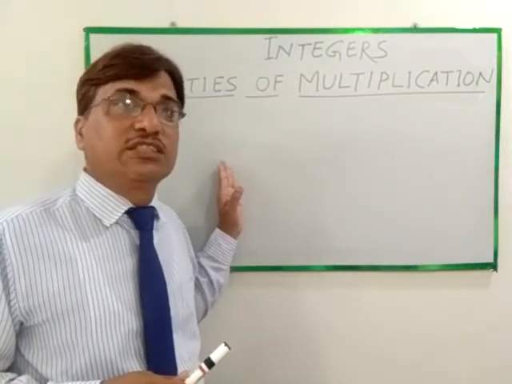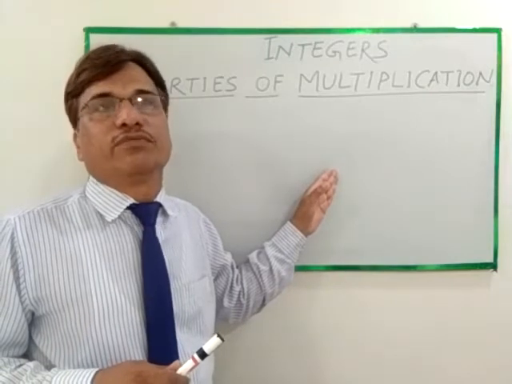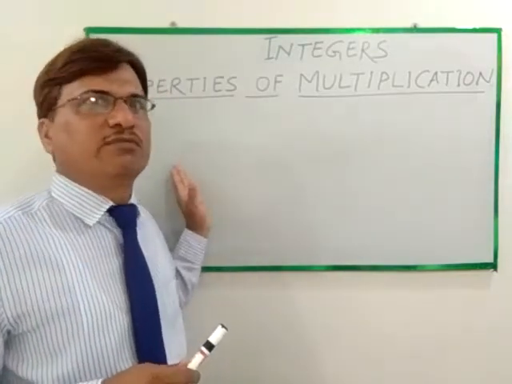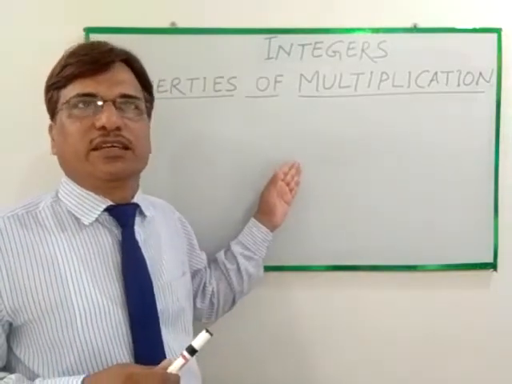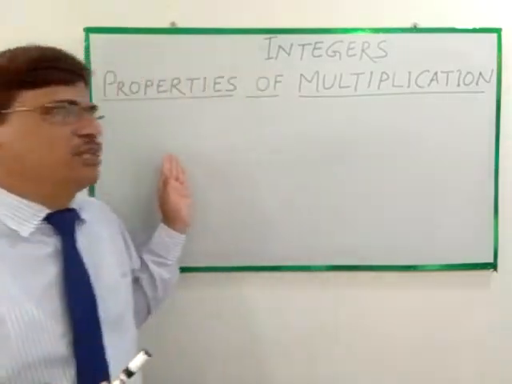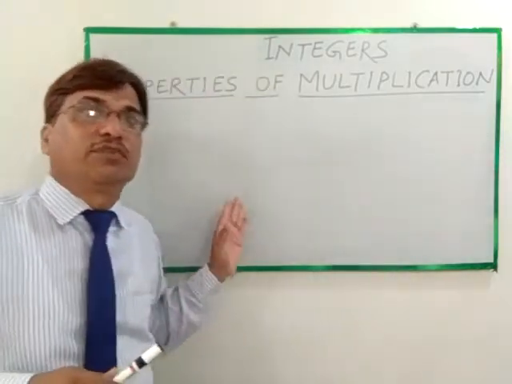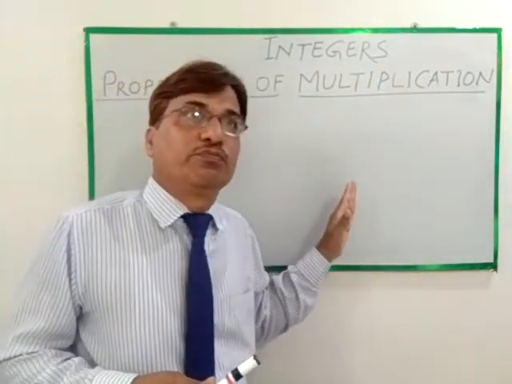Same signs will be added and we use the sign of the greater number. Different signs will be subtracted and we use the sign of the greater number. Multiplication of same signs will be positive. Multiplication of different signs will be negative.